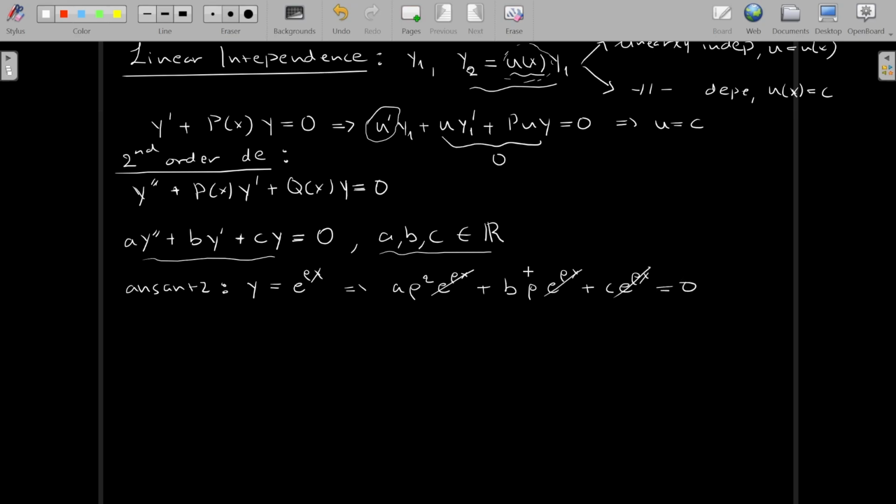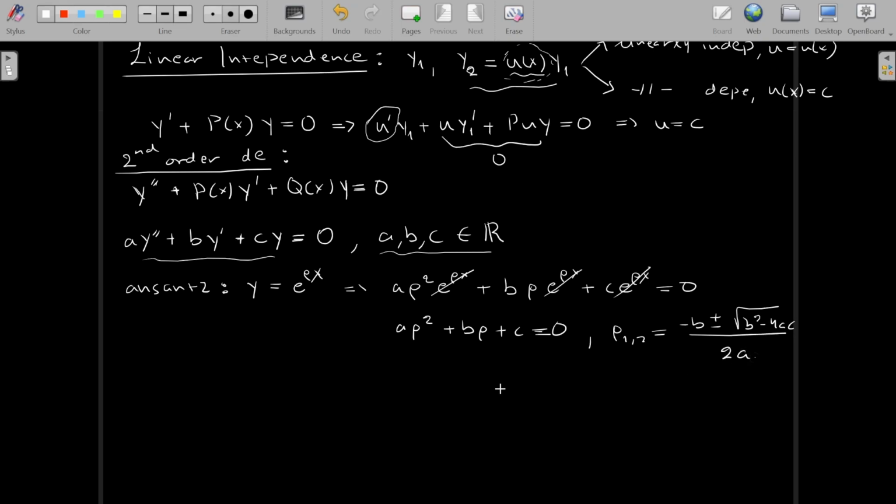These terms go away and you end up with this kind of equation to solve, which is a very well known quadratic equation with known solutions. Minus b plus or minus the square root of b squared minus 4ac, over 2a.